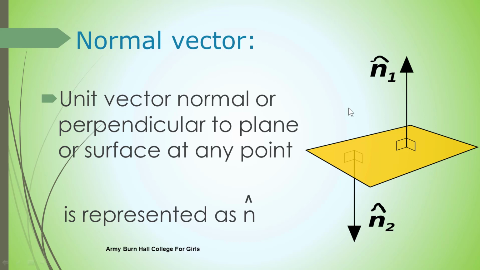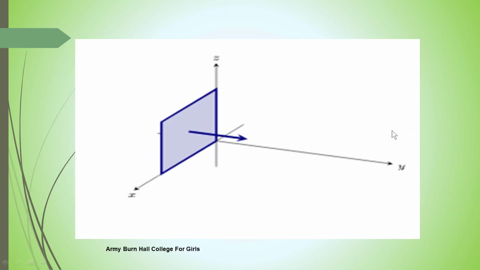It is not telling us about the magnitude, it is just giving us the direction. This direction could be along any plane. The XZ plane has a normal vector, which is indicated here. So it could be normal to any plane.